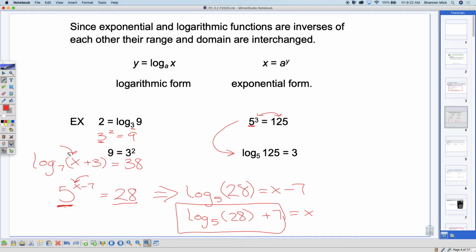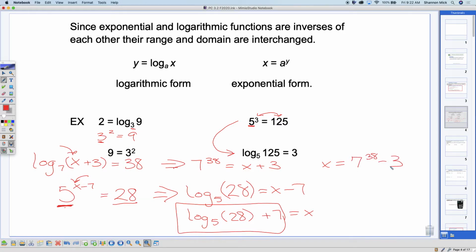So I would switch it from logarithmic to exponential. What's my base? 7 to the 38 equals x plus 3. And then I would just subtract 3, correct? So x would equal 7 to the 38 minus 3.